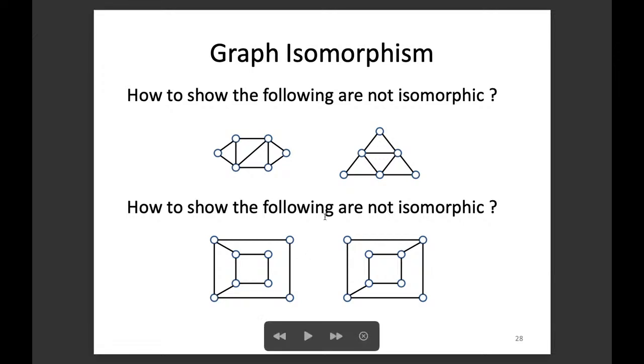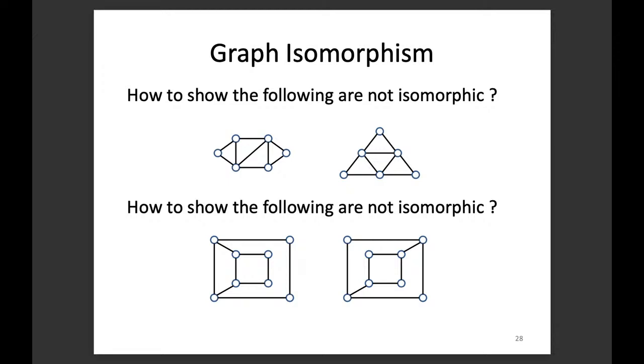If we do the same thing as before, counting vertex degree, it's not good, because in this graph there are 1, 2, 3, 4 vertices with degree 2, and for this graph there are 1, 2, 3, 4 vertices of degree 2. So it doesn't look like we have an easy proof.